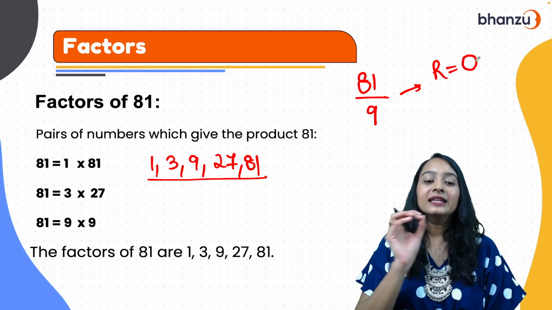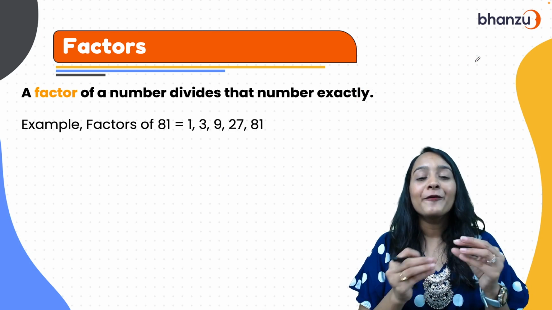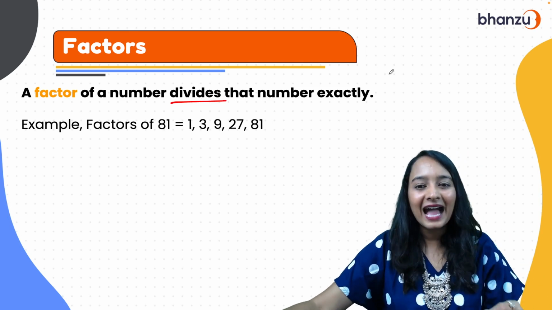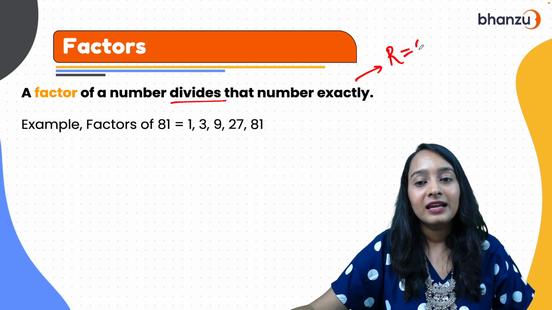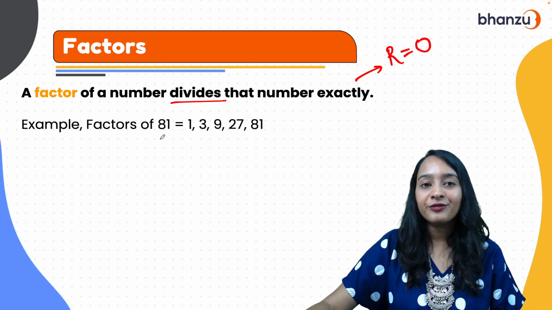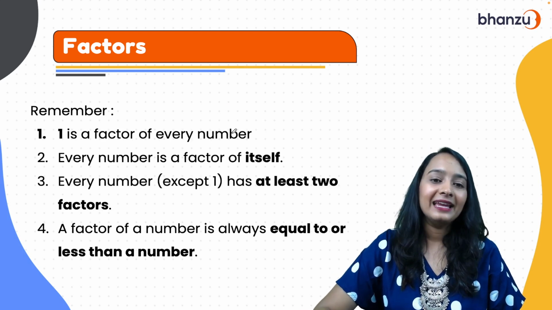So that's why these numbers are called the factors of 81. So factors of a number divide that number exactly. What do I mean by that? It leaves the remainder 0. So factors of 81 are 1, 3, 9, 27 and 81.